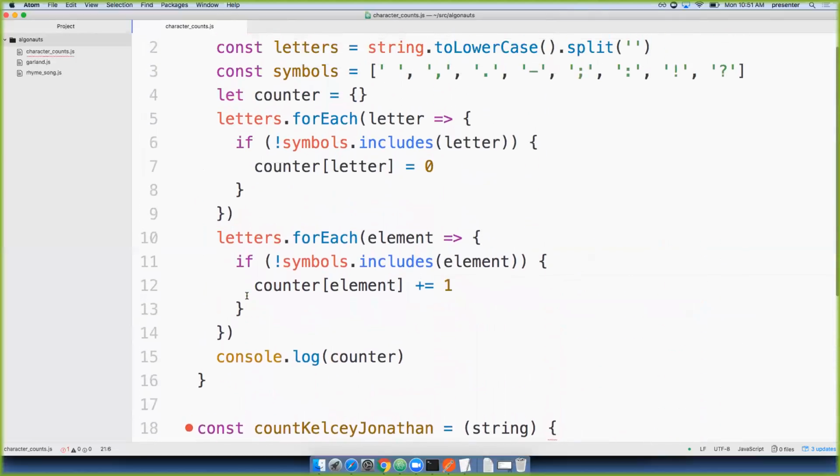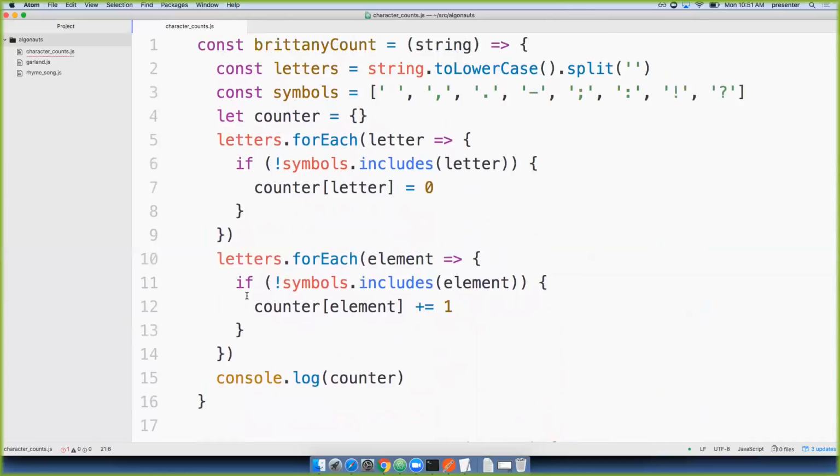What about Brittany's? What's the runtime of yours, Brittany? People have guesses? Squared. Why do you think that, Sabrina? Because she was iterating twice. Ah, she was iterating twice, but one after the other.